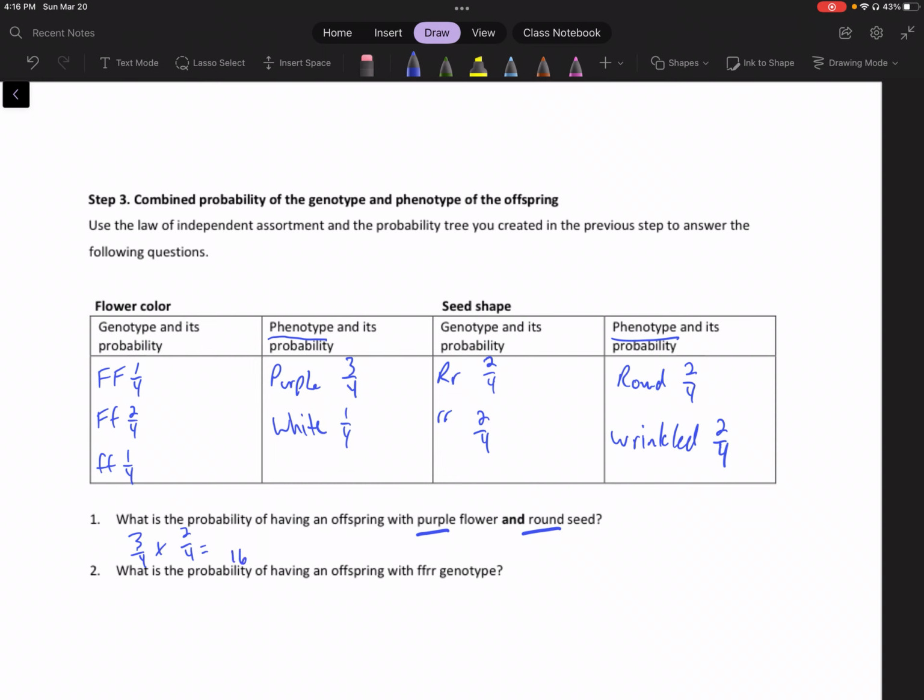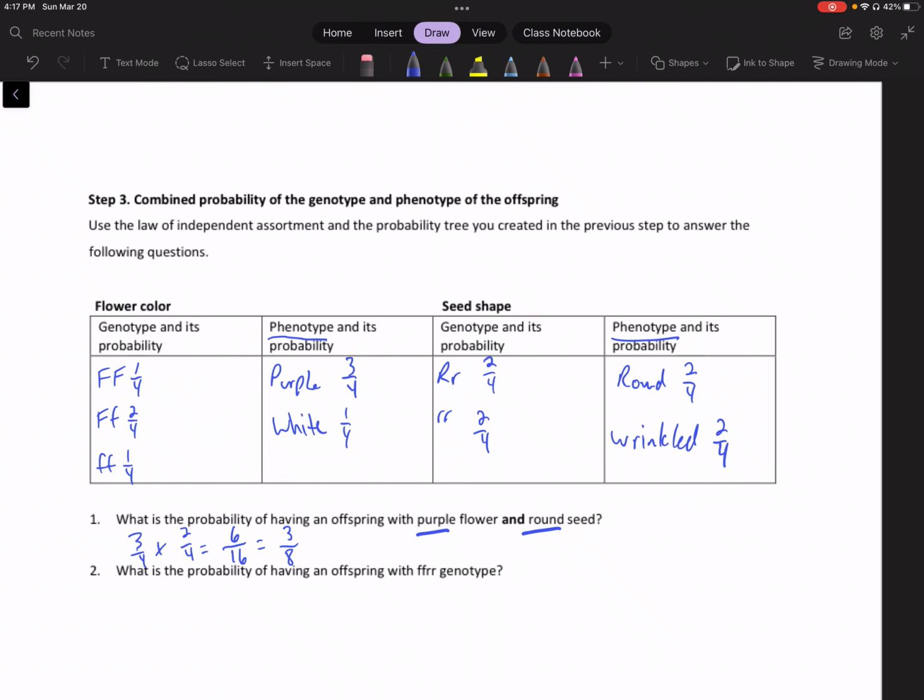So it's going to be 16 on the bottom, because 4 times 4 is 16. 3 times 2 is 6, and then you can reduce that. The common factor is 2, so 6 divided by 2 is 3, and 16 divided by 2 is 8. So there's a 3/8 chance that they're going to be round and purple.